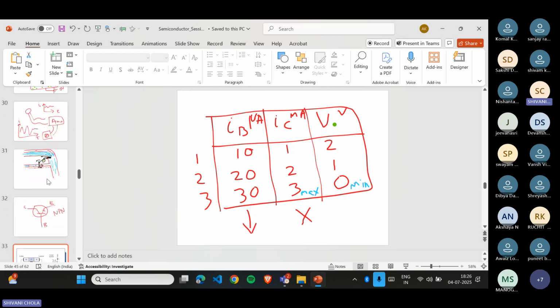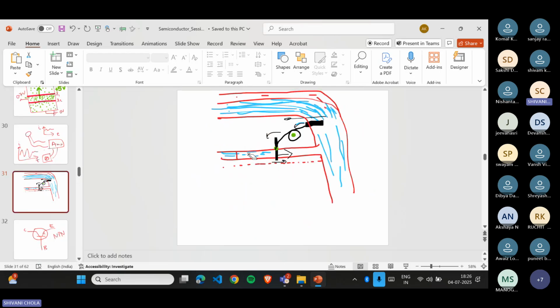Sorry, IE. If you even see this analogy, this analogy is also very important. If you give extra current, like if you increase the pipe over here, what is the purpose of this small pipe? To remove the blockage over here, to make the water flow.